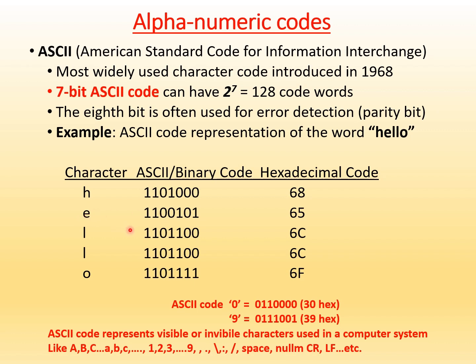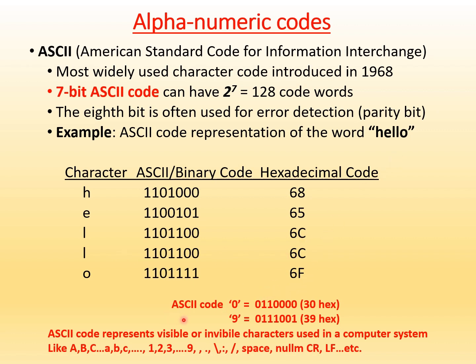I'm going to show you the lookup table for the ASCII code. So H was this, and in hexadecimal, this one is 68, because the upper 3 bits are 110, which is 6, and then 1000, this is 8. Then E is 65, L is 6C, 6C, and 6F.